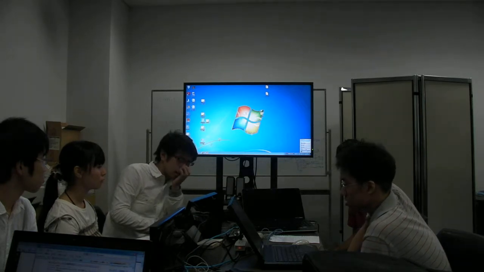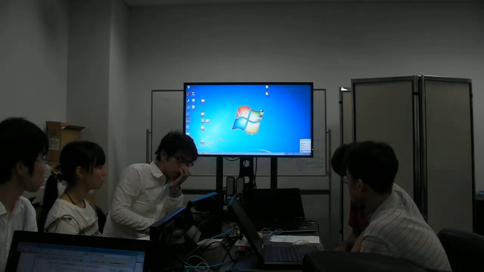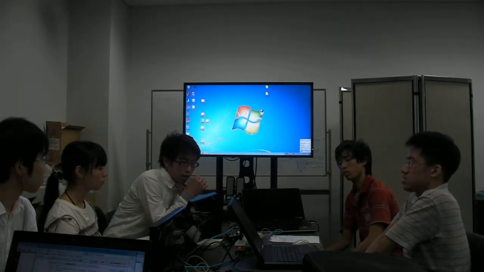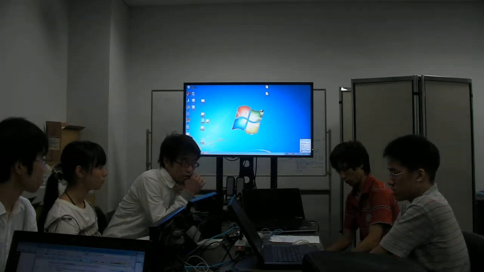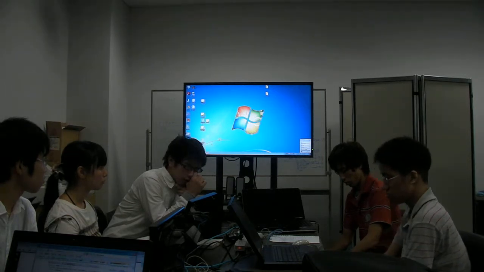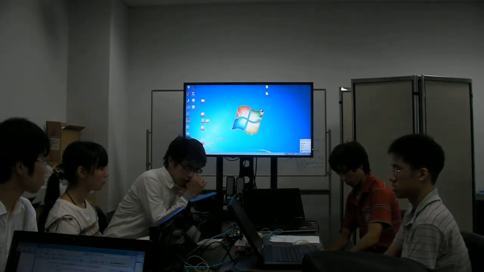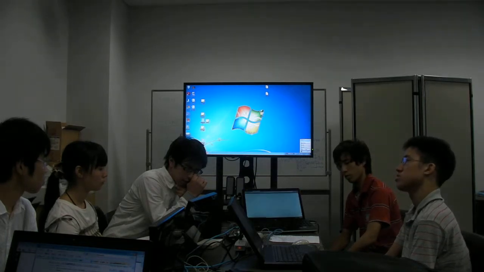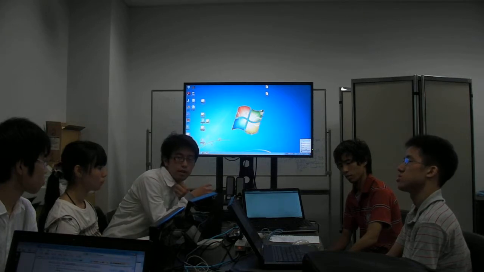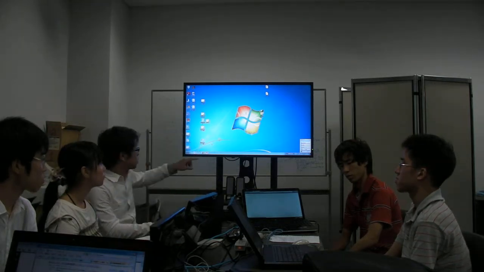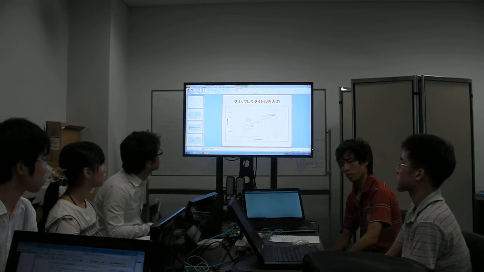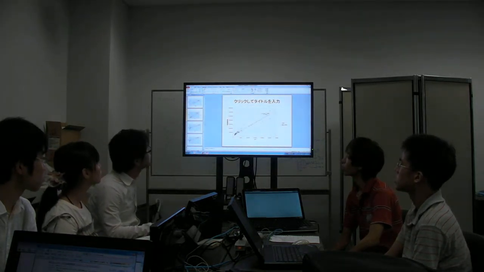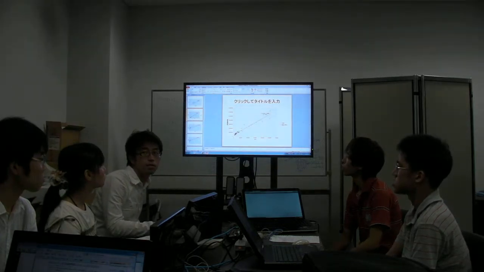I remember that the price in Tokyo is only 110% of that of Okinawa or some rural areas. So today we didn't consider the price in order to make our research simple and easy to show.